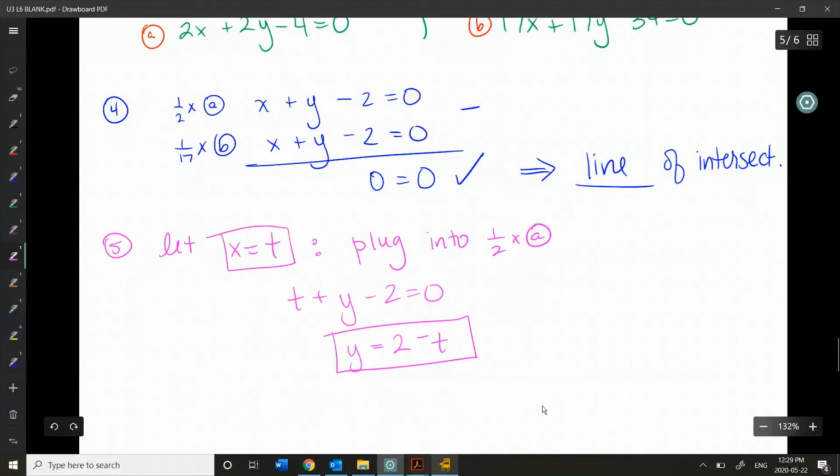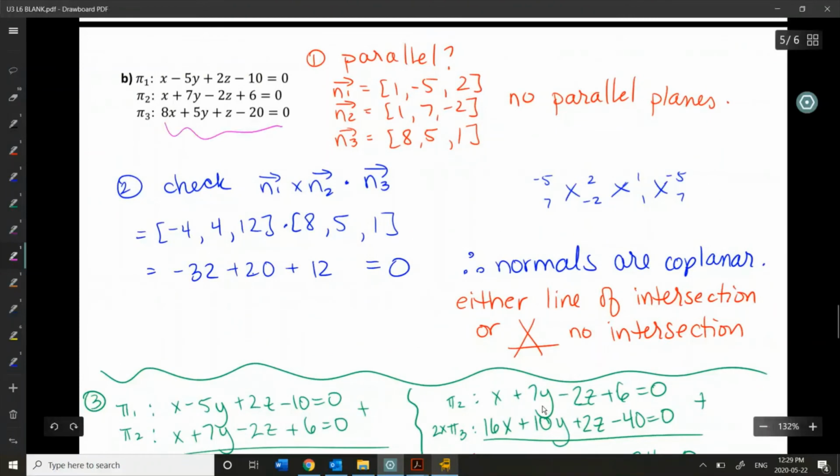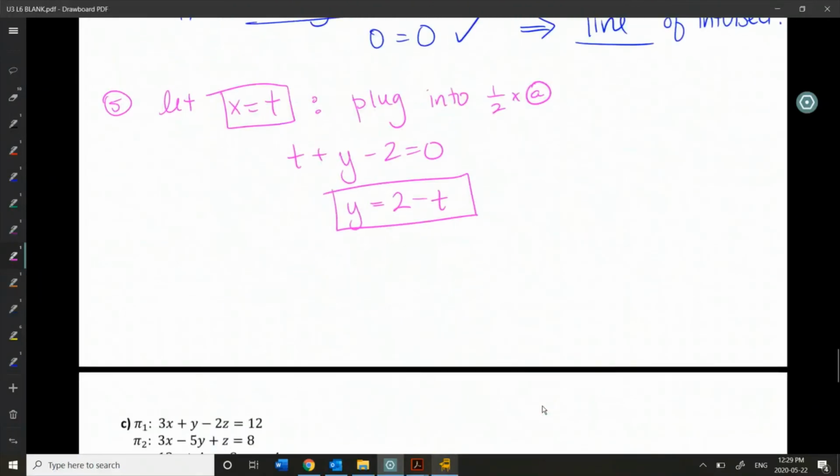And then we're going to plug that back into one of our original planes. So you're going to choose a plane maybe that is easiest to isolate for z. So I might choose plane 3 here and sub in x and y.